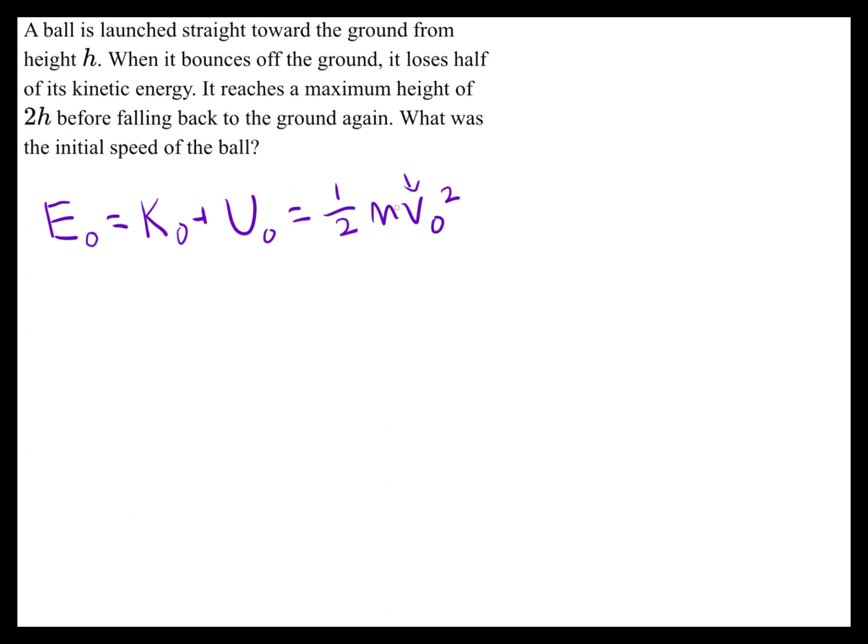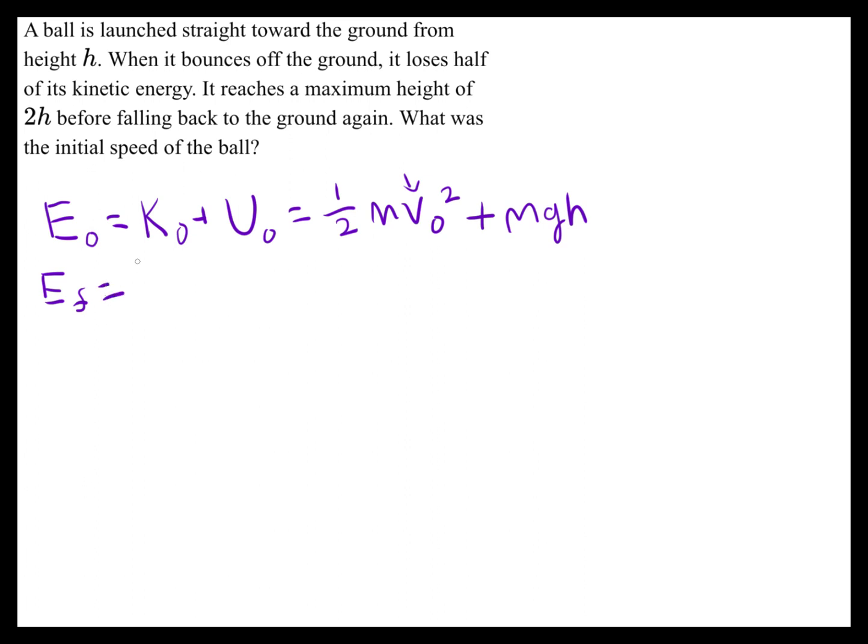We are just going to assign it a mass m, and it's not really going to matter. The gravitational potential energy is given by the mass times the gravitational acceleration times the height h. Now I'm also going to write out its final energy, at the point when it reaches the maximum height of 2h.